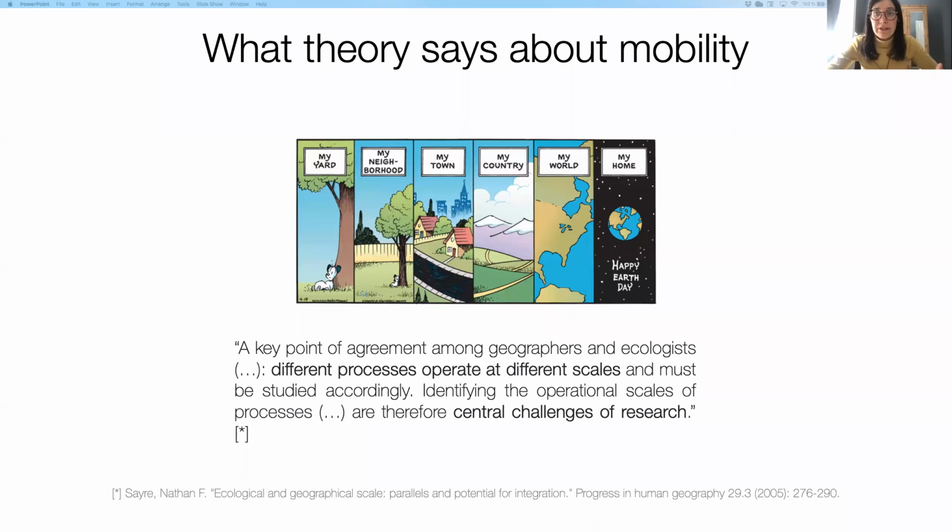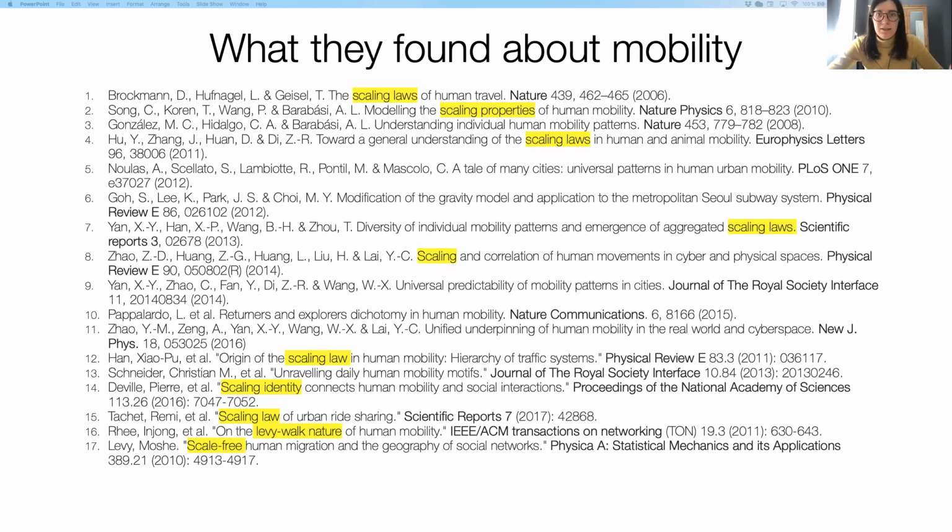Now, let's come to the literature on human mobility. In recent years, there are many more studies on mobility, because now we have digital traces that allow us to trace where people go and how they travel. So the literature on human mobility has flourished. And what have these studies found? Here I'm listing some of them, published from 2006 until 2020.